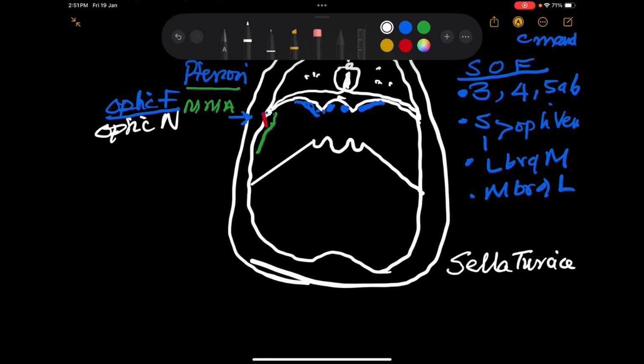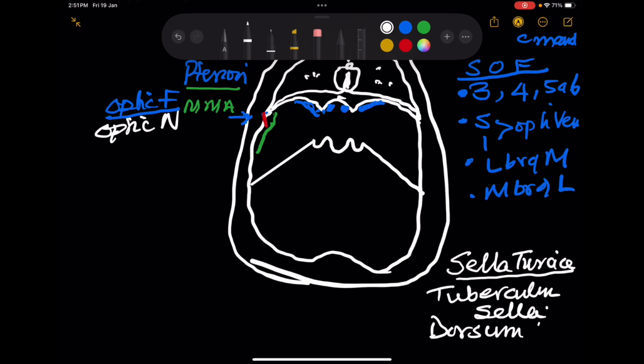In front it has the tuberculum sellae. Then behind it is the hollow space in which lies the pituitary gland, which is called the sella turcica. And behind it you have a projection which is called the dorsum sellae.